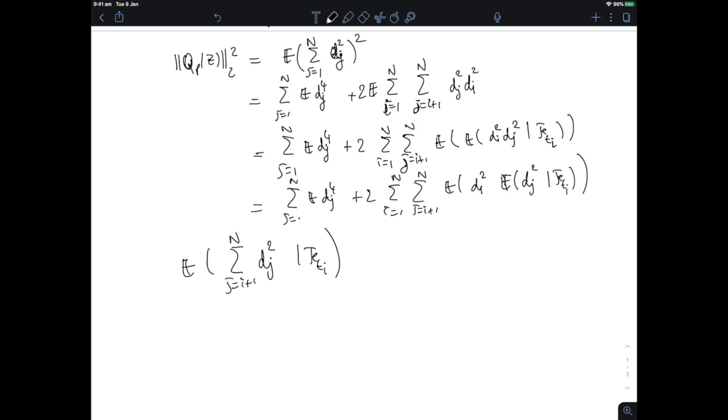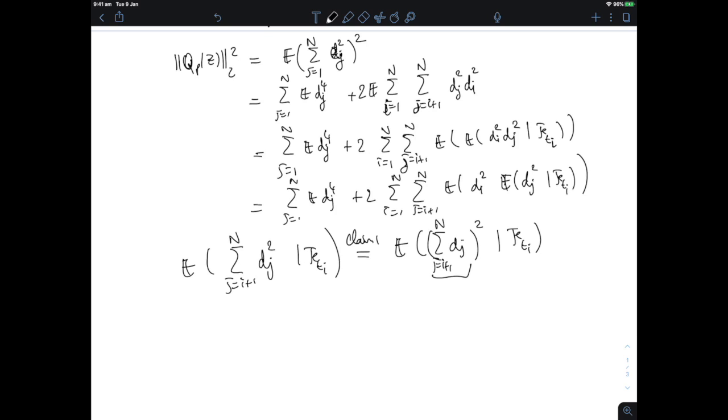Now I claim, and we're going to need to prove it, that this is actually equal to the expectation of the sum of the d_j, and then squared. So I claim that all of the cross terms here would be 0. Let's call that claim 1, given F_{t_i}.